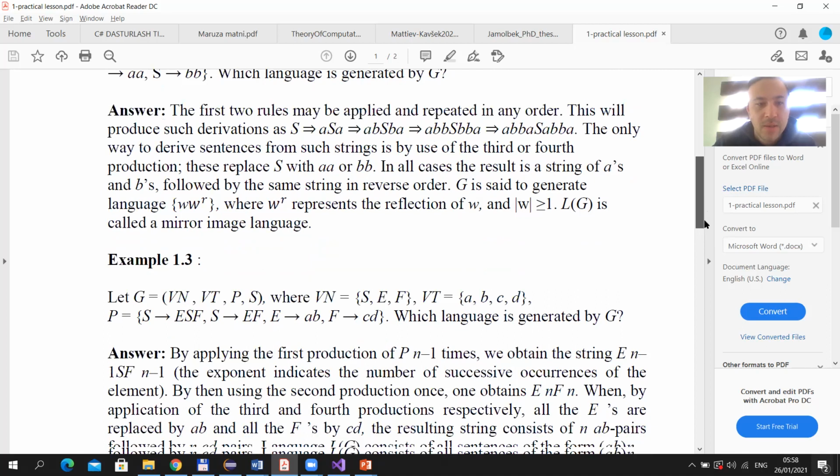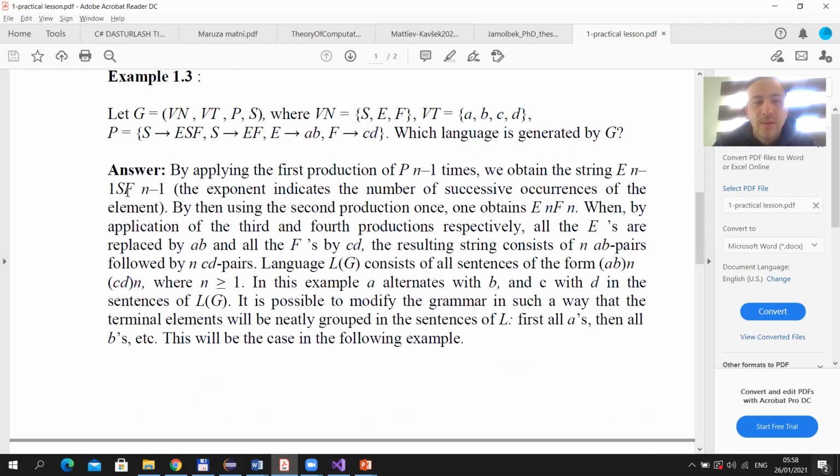This is also similar. So n-1 times E, n-1 times F, followed by, in the middle, S. The exponent indicates the number of successive occurrences of the element.